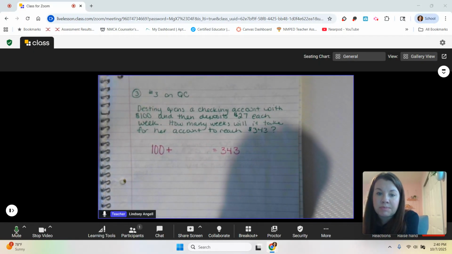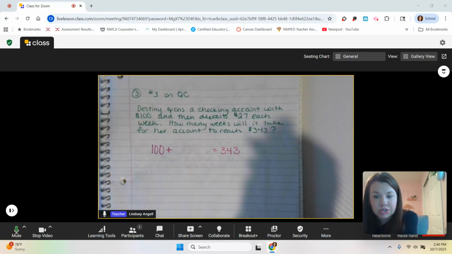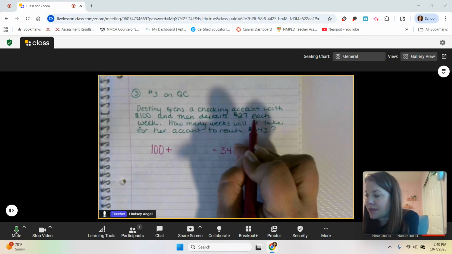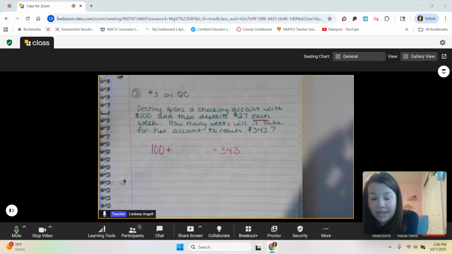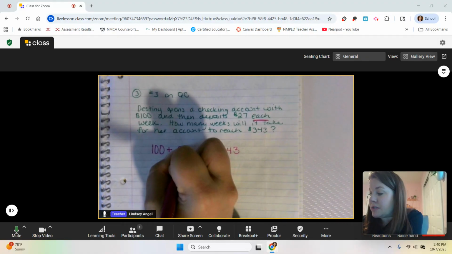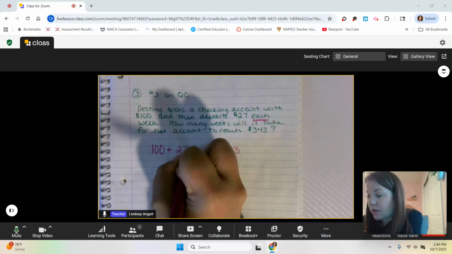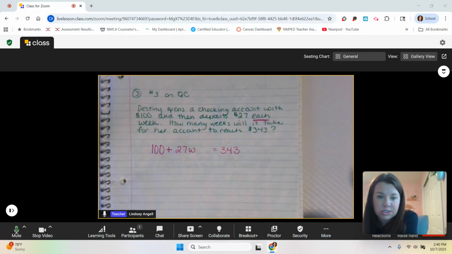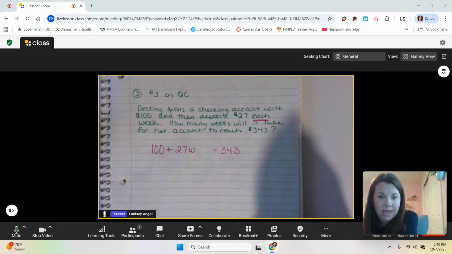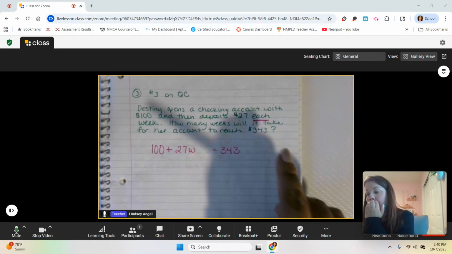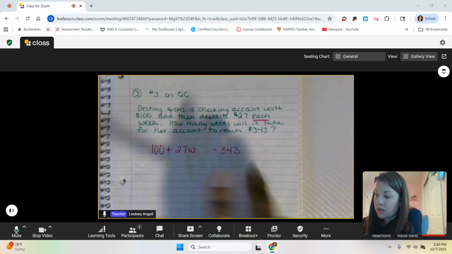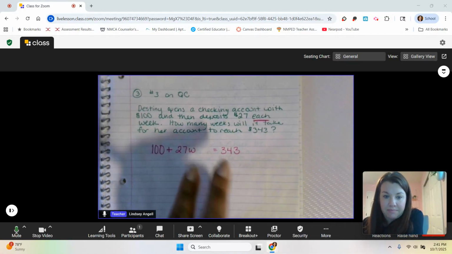And then she's going to deposit $27 each week. Each in math, most of the time, means to multiply. So $27 per week or each week, and we'll just say W for weeks. Okay? How many weeks will it take for her account to reach $343? So now we've got our equation set up.